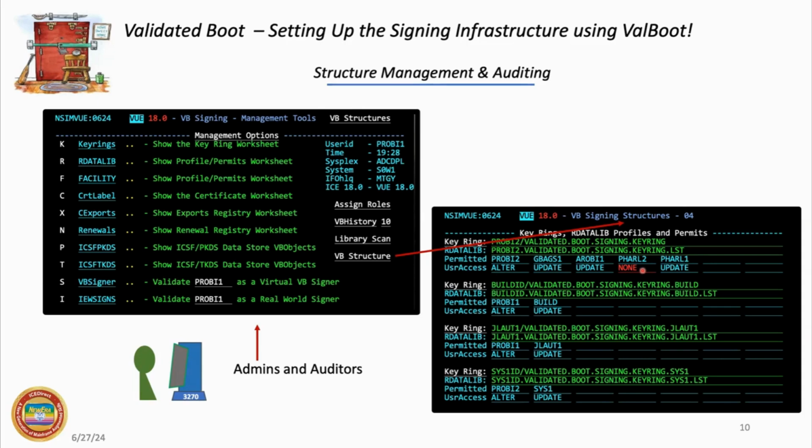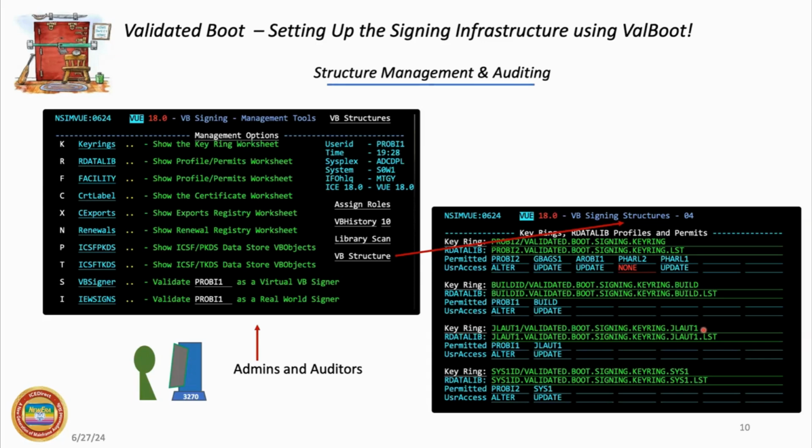The minimum is update. And also defining those key rings that are associated with groups, for example, the build group or the sys1 group. But our recommended profile are key rings that are defined with an extension that associates with an individual user. For example, again, Jim Lautner's keyring JLOC1. We'll see that again as we get into the demo.